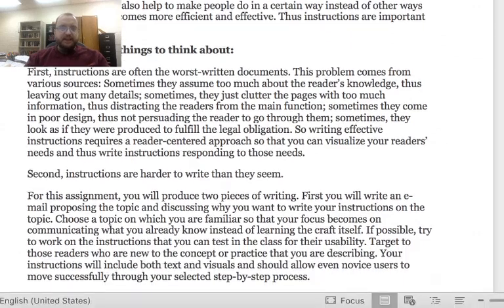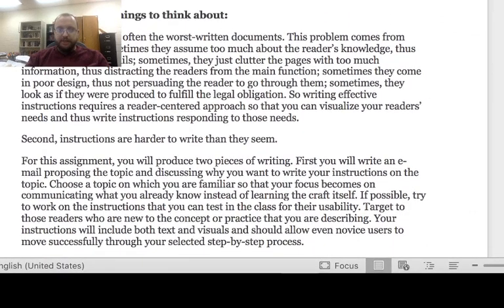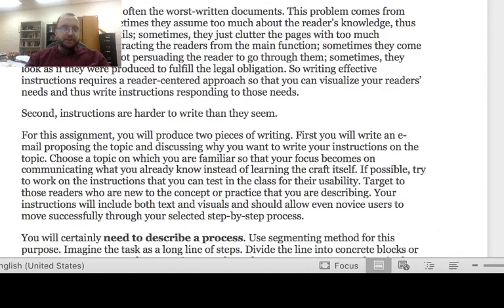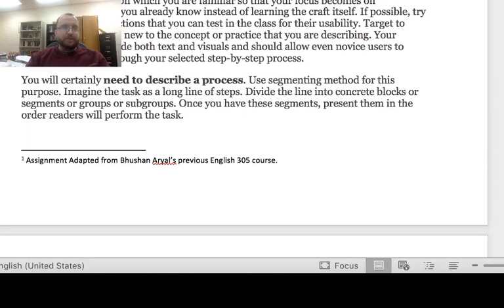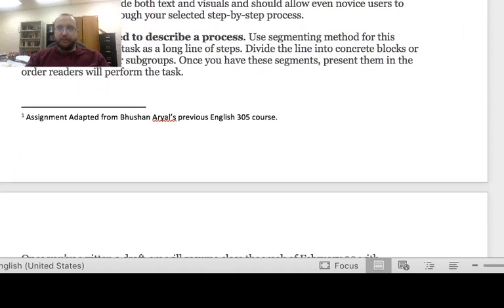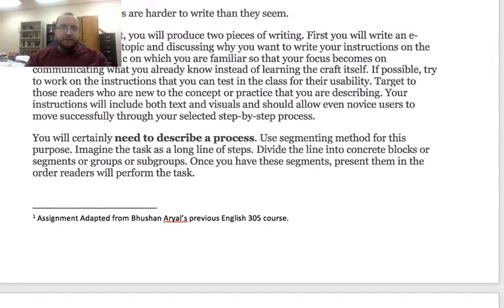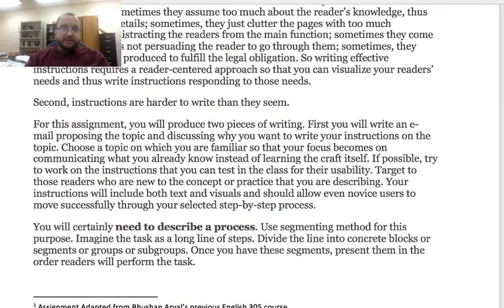For this assignment, I'm going to ask for a couple of different things. First, I want you to ask yourself what would be a good topic to do for instruction. Ideally, it should be something that you know a little bit about, right?